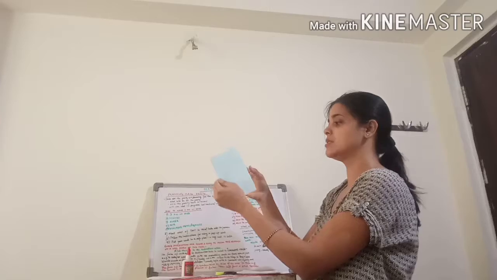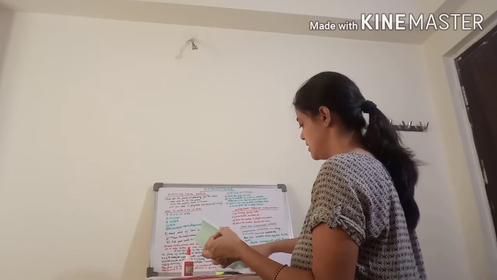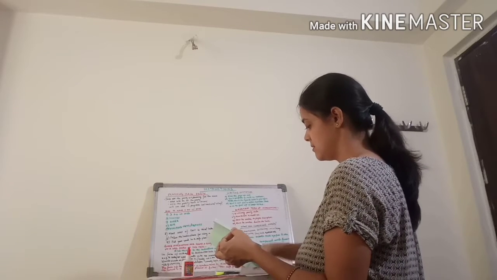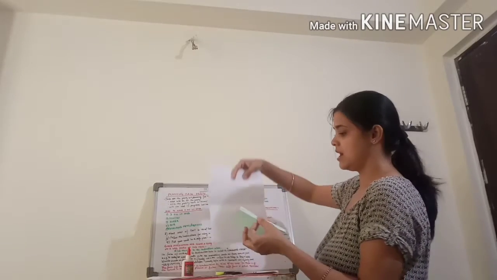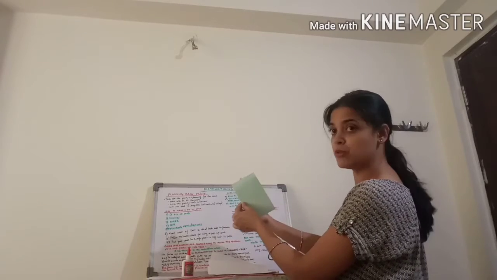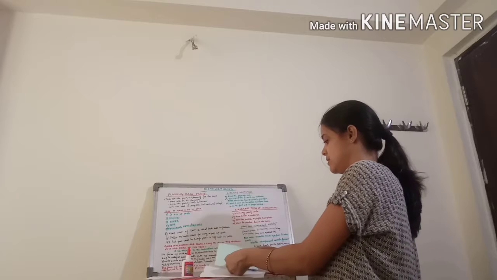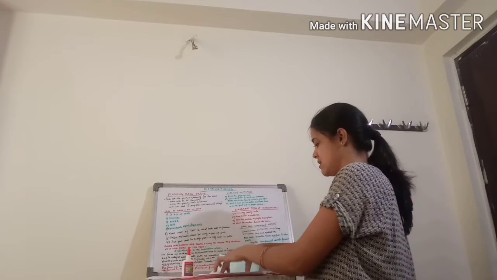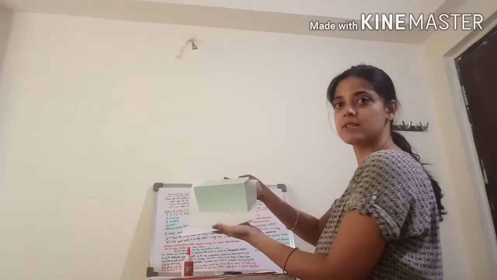I fold it this way. I'll put it inside of, look at this card, I have already folded it into two halves. I'll put it inside like this. I'll show you. See, this is how I've placed it.